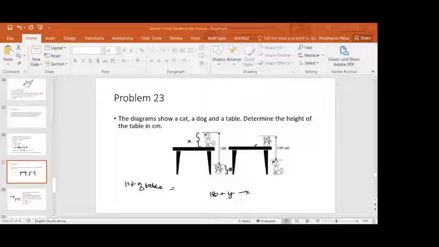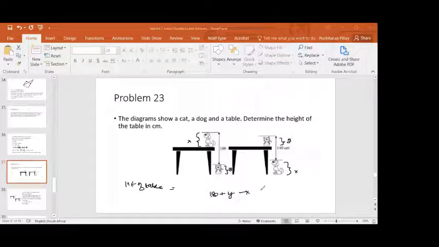Right? And in this case here, the table's height is 140. Now here you got the X is here now, and the Y is here.